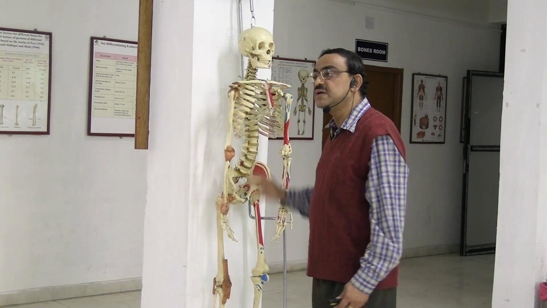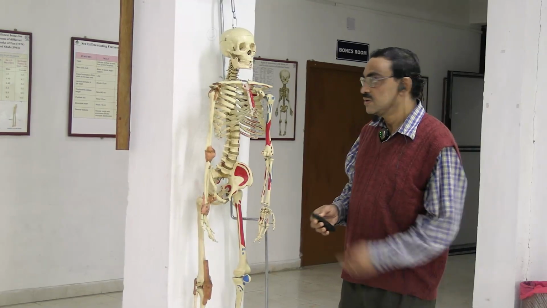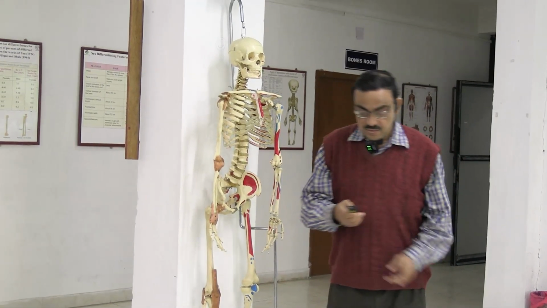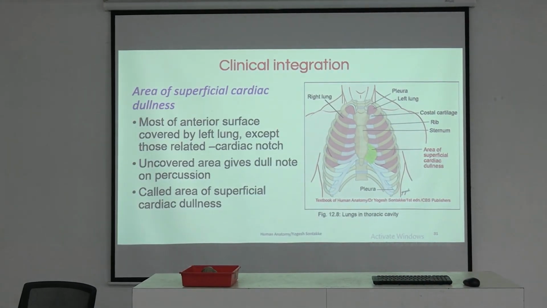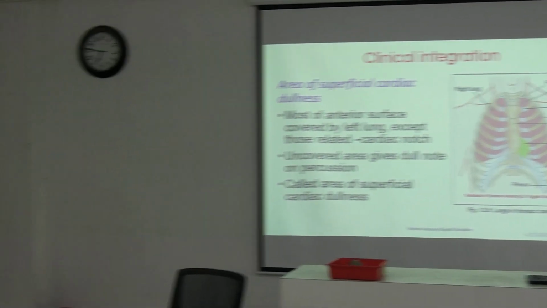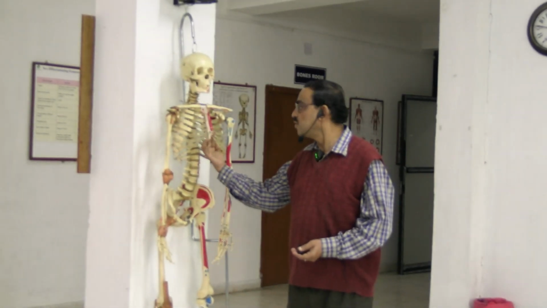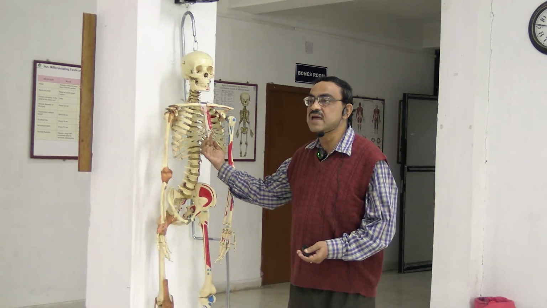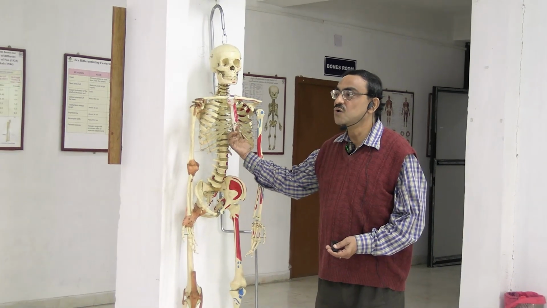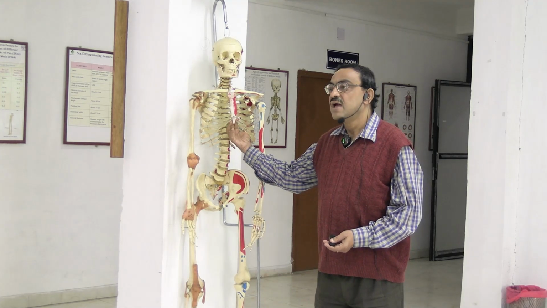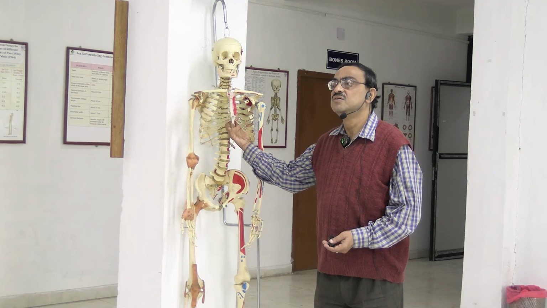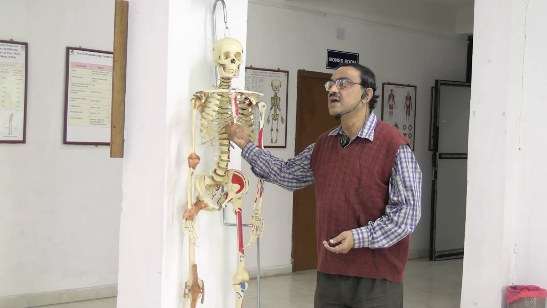Due to the presence of the cardiac notch, a part of the heart comes directly just behind the sternum. So the lower two segments of the sternum on the left side come directly in contact with the pericardium and the heart.